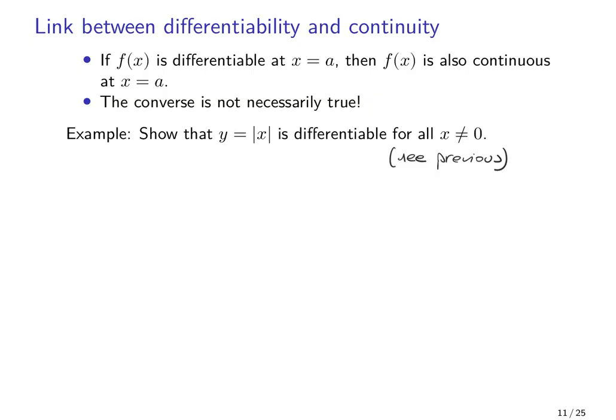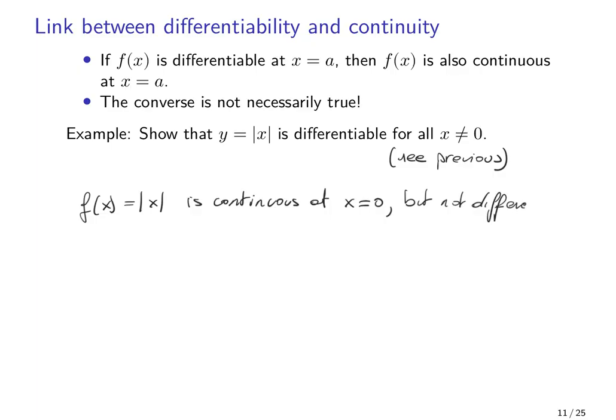We know that f of x, being the absolute value function, we've seen already before that this is continuous at x equals 0, but we've also seen that this is not differentiable at x equals 0.